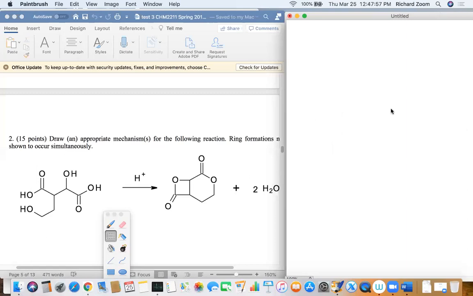All right, so I'm going to go ahead and do this example here and show you exactly what is going to be required. Is everybody okay with how I know which OH is reacting with which C double bond O? Let's do a poll here and find out.